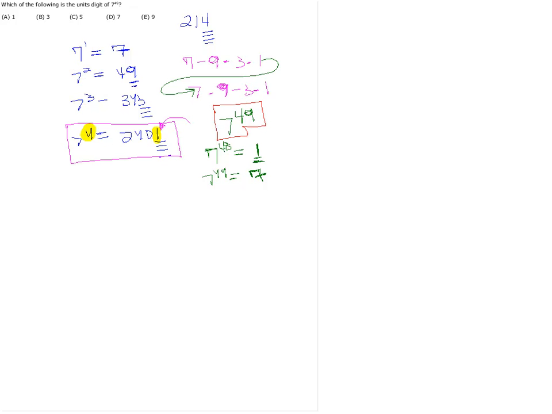We know that has a unit digit of 1. Then to get 7 to the 49th, we move one more time through the pattern. And remember, guys, the pattern is 7, 9, 3, 1, 7, 9, 3, 1. So if 7 to the 48th is a 1, 7 to the 49th is a 7.